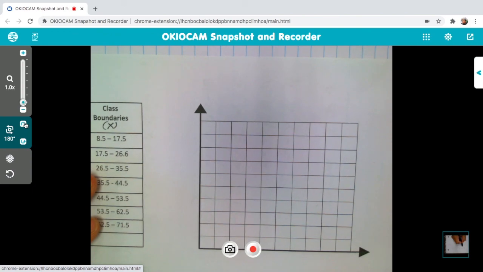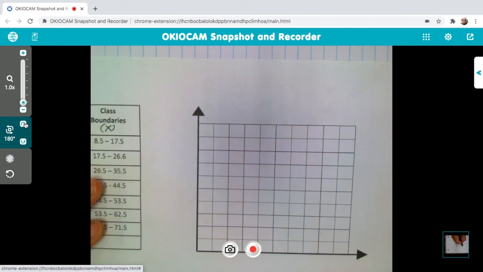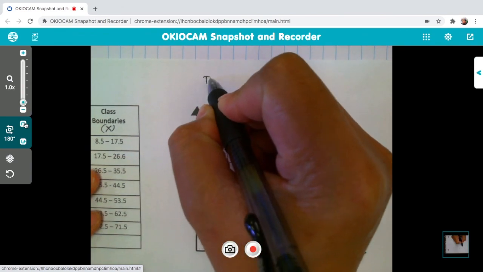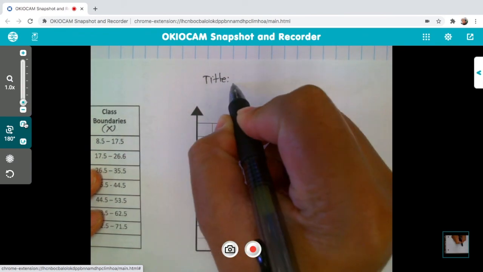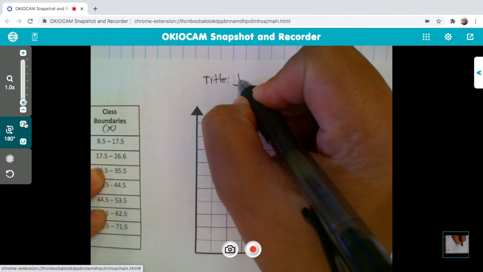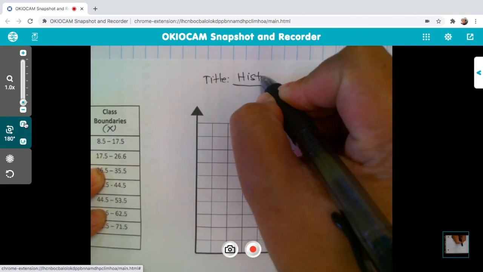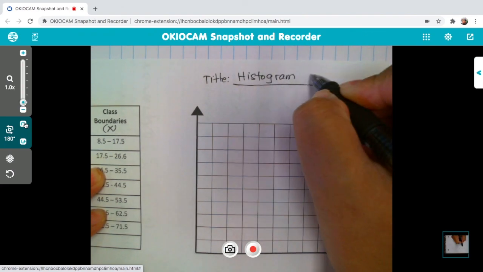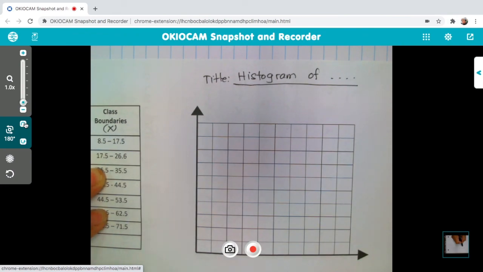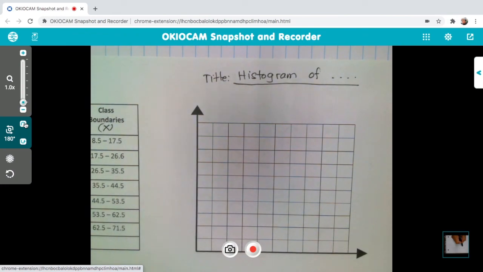The very first thing and the most important part is to label each part. Of course, we need to put a title. The title is really very important because it doesn't make sense if there's no title. So you can start with histogram of. So whatever title you may have, or if that data is all about weight, just put histogram of weight of 30 people and so on.